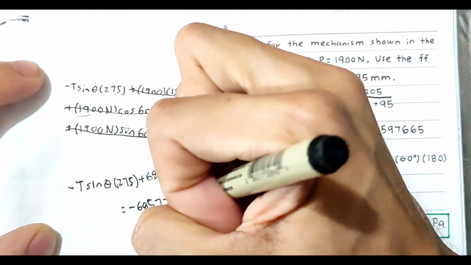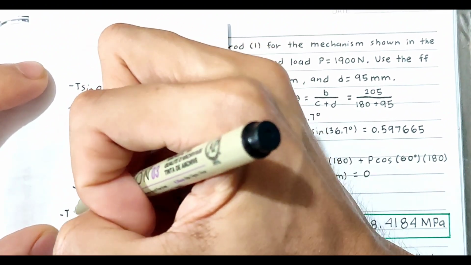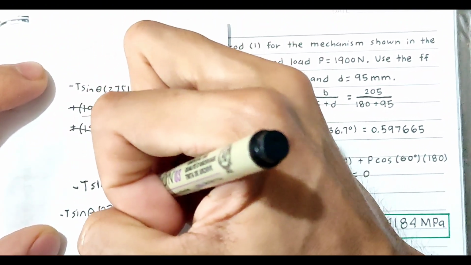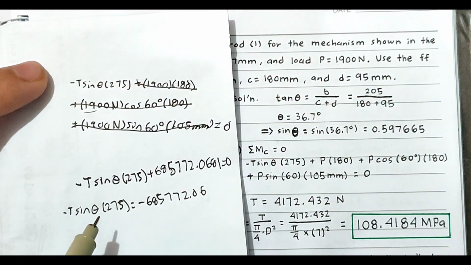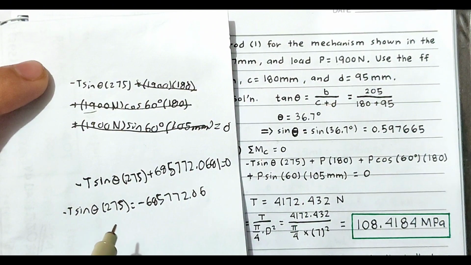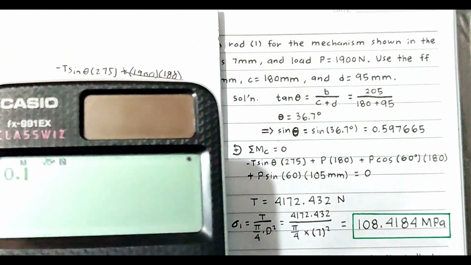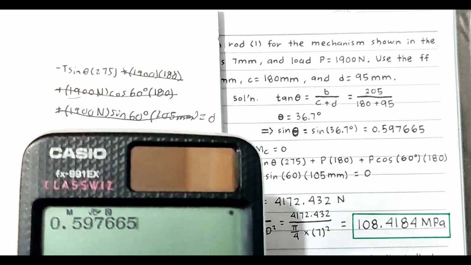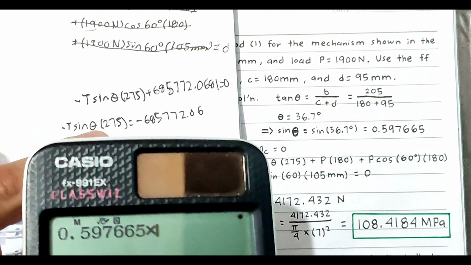And then we will incorporate the negative T sine theta times 275 still on the left hand side, and then sine theta is equal to 0.597665 times 275.